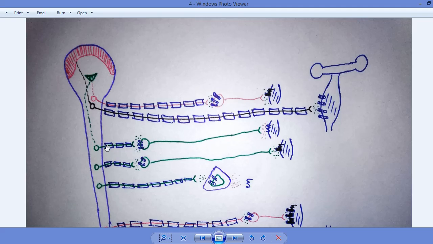While you can see that this is part of the autonomic nervous system. In the autonomic nervous system, the sympathetic nervous system and the parasympathetic nervous system are controlled by the hypothalamus.